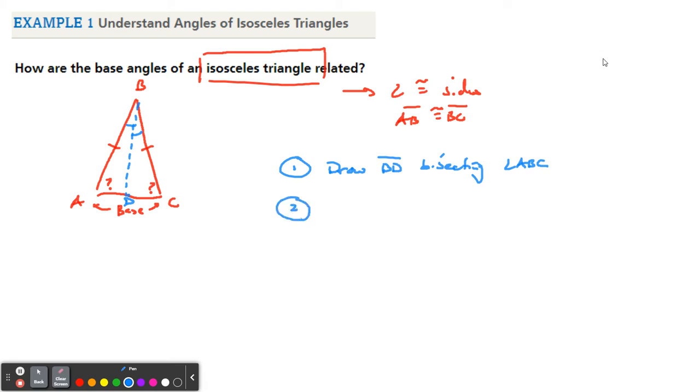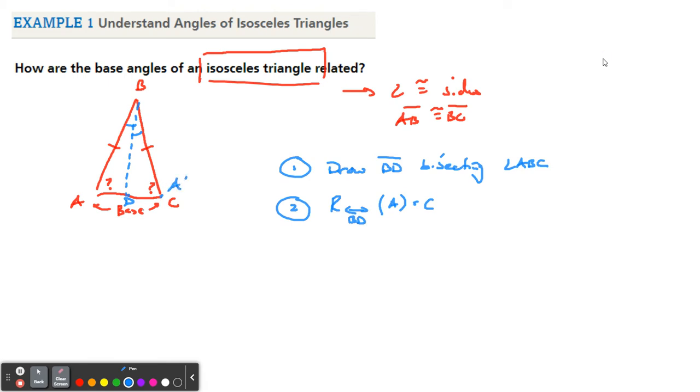Number two, I'm going to use that segment as a line of reflection and reflect point A across line BD. I believe that because these angles are congruent and these sides are congruent, when I reflect A across BD, it's going to land over here on top of C. That's A prime, the same point.